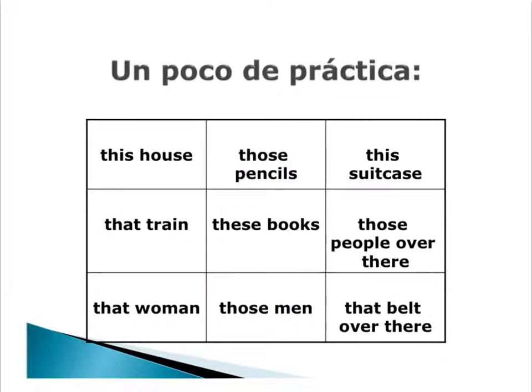Muy bien. So having said that, there are a few ideas to keep in mind. I thought I'd give you the opportunity to do some practice. So here are some concepts that you can work to translate. This house, those pencils, etc. It's a good idea to pause the presentation at this point. Use what you've learned and noted so far to see if you can translate these ideas to Spanish, and then you can check your answers on the next slide.